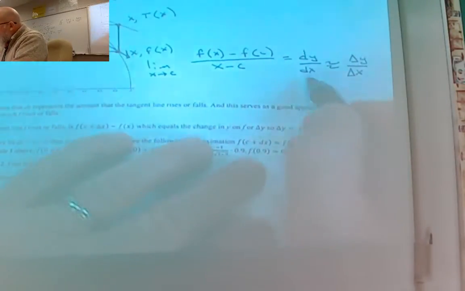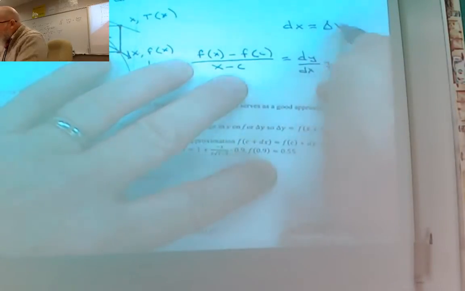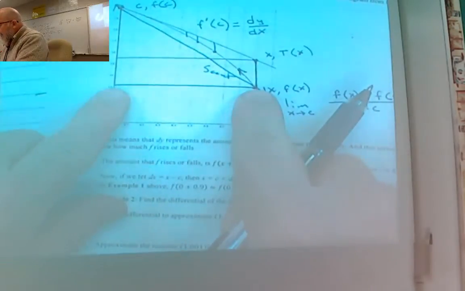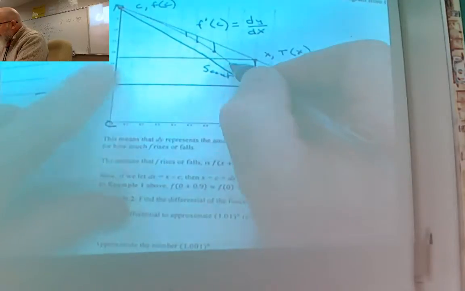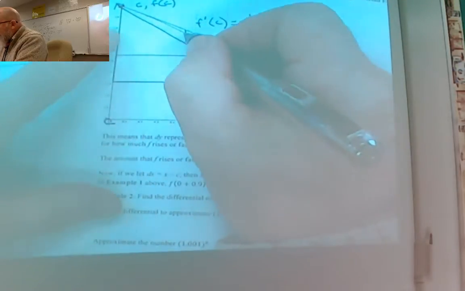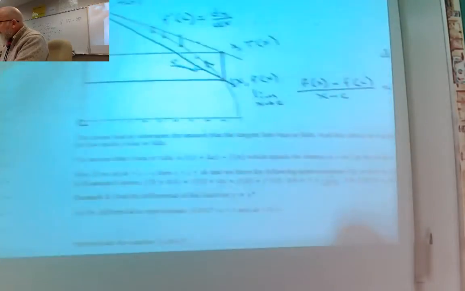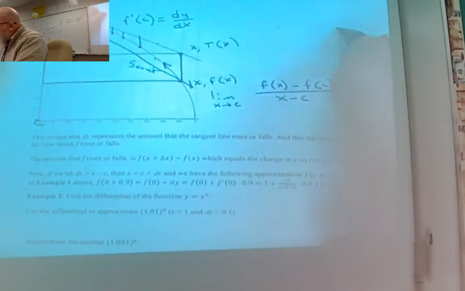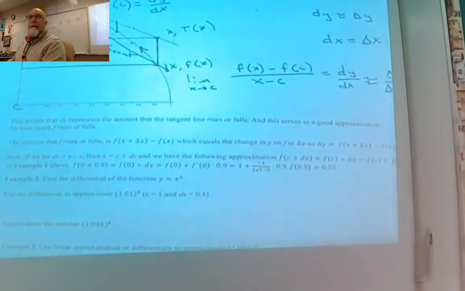Now notice dx equals delta x at this point because here I am on the curve, it's got the same x value. When I'm here, here's my tangent line, I have the same x value. Here they have the same x value, correct? And what's happening is as I move along the line, dy starts to approximate the real change in y. That's on the function.